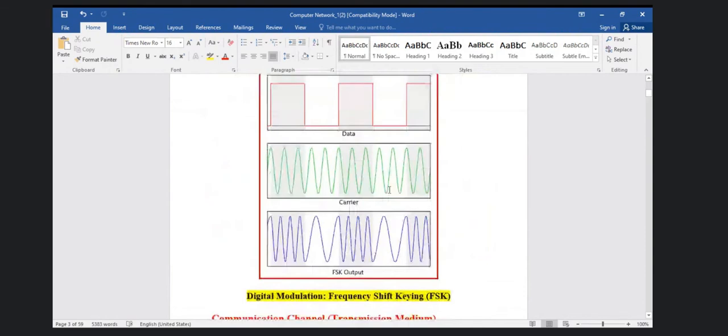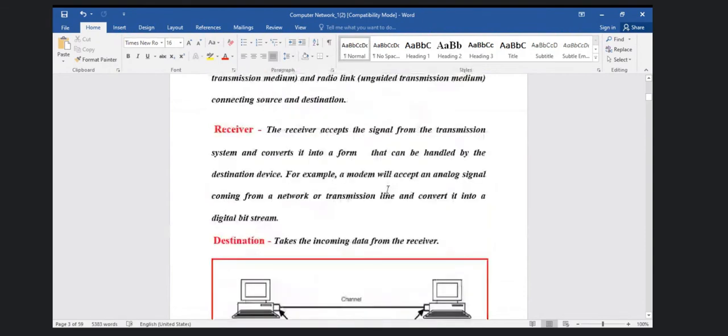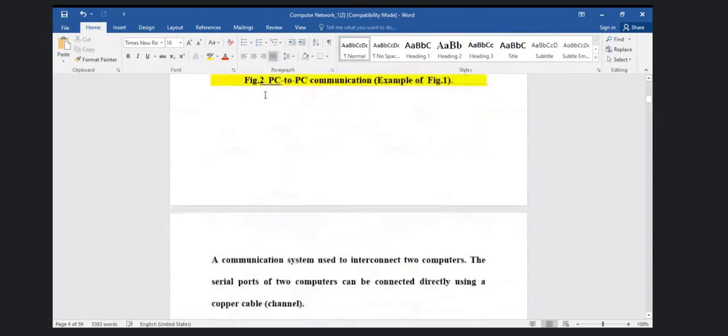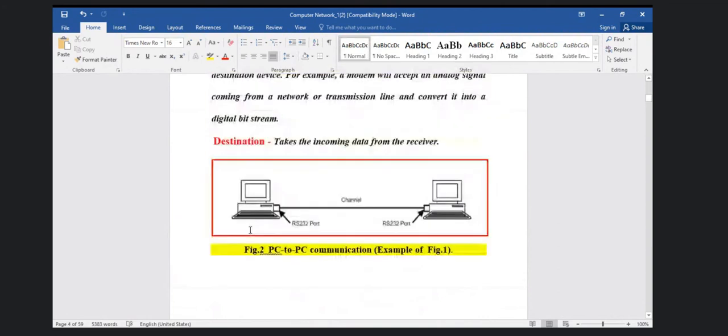So this is an example of baseband signal transmission between two computers, and we call it baseband because the information produced by the sending computer can be sent directly to the receiving computer without any modulation.